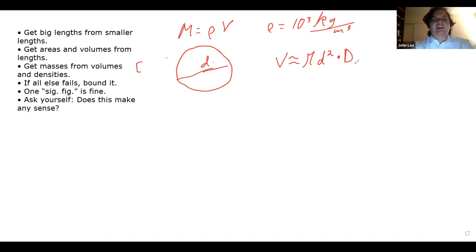So this is kind of a cop-out answer, because the real math that you would do is 4/3 pi r cubed, which is the volume of a sphere.